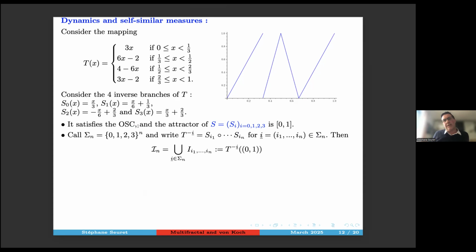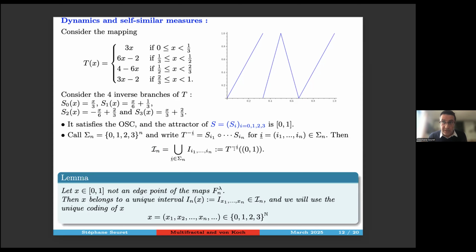And so applying and iterating T gives rise to a natural partition of the interval [0,1] in terms of the images of [0,1] by the 4 branches, right? And so I call I_n this partition of [0,1] in terms of the nth iterate of T, okay?